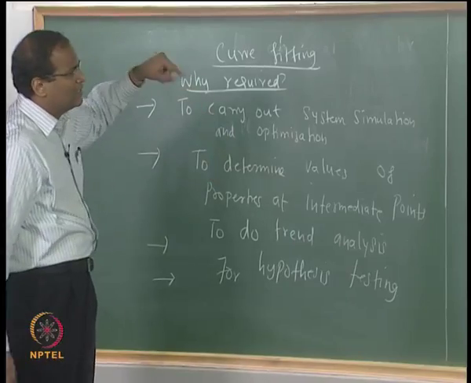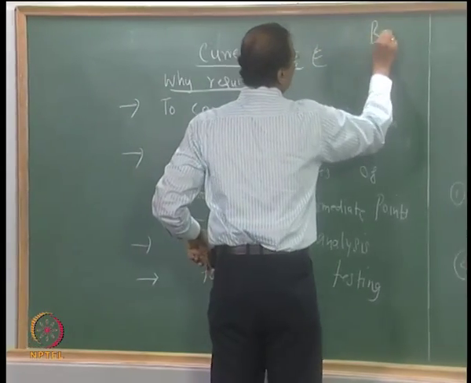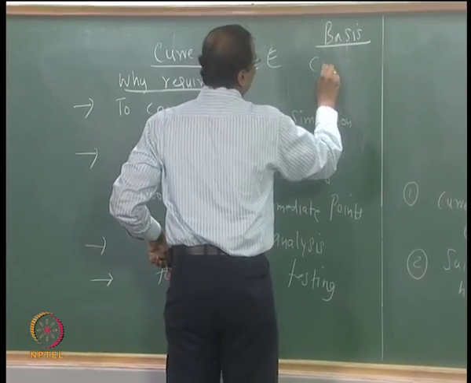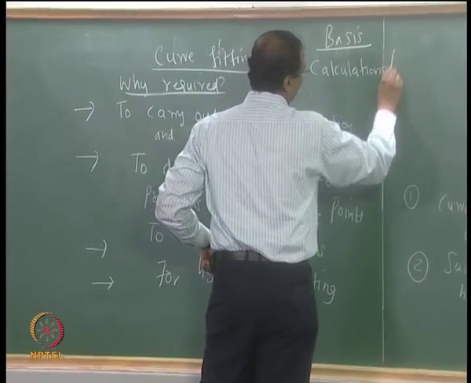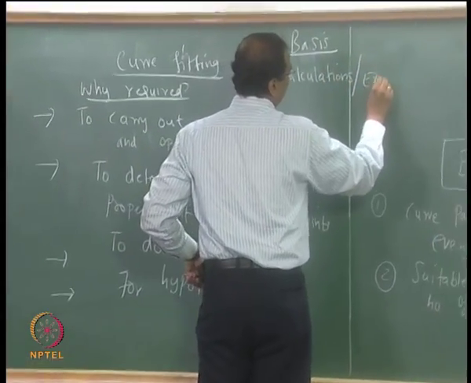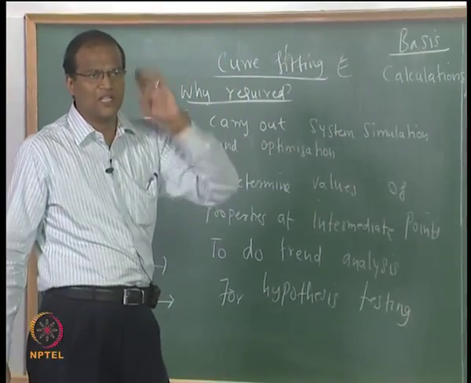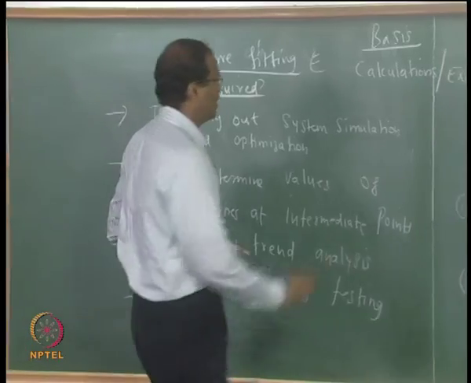The basis for all this is calculations. Regardless of whether you do calculations or experiments, you get values only at discrete number of points, correct?